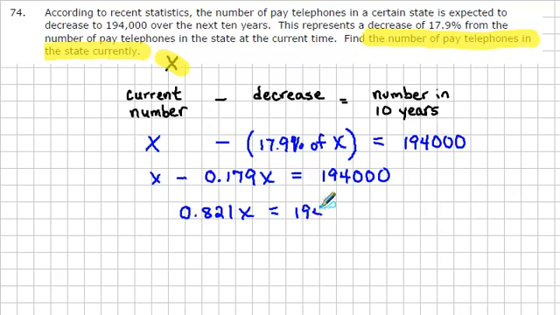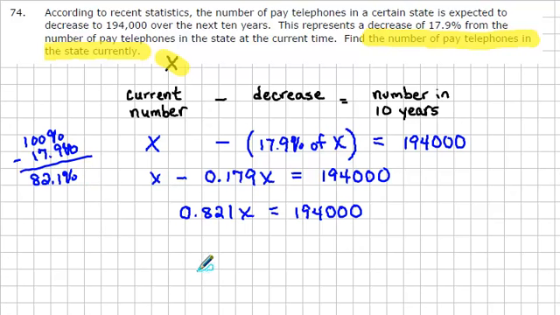Now you might notice that 0.821 as a percentage is 82.1%. If something decreases by 17.9%, then you're left with 82.1%. 100% minus 17.9% gives you 82.1%.